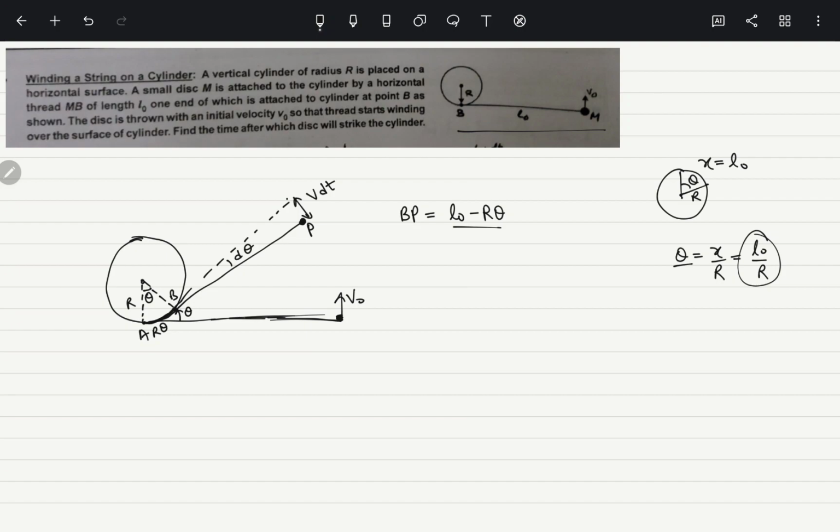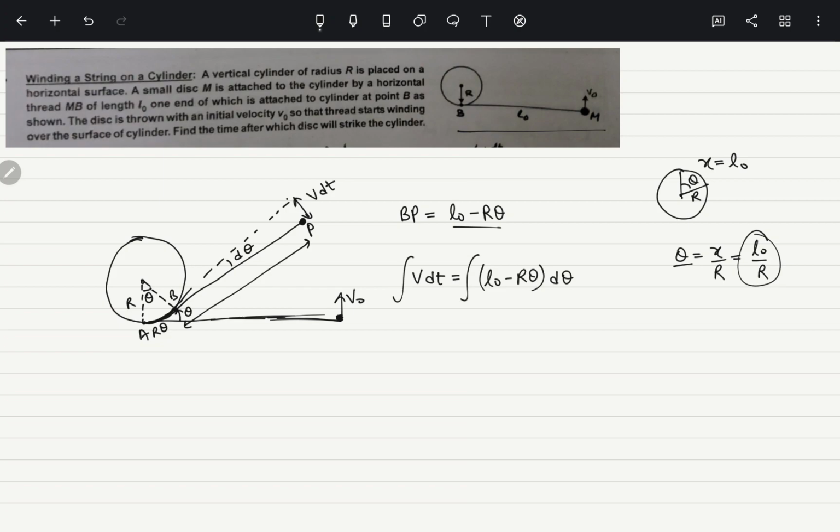So here v dt, the length of the arc, is equal to L naught minus r theta into d theta.